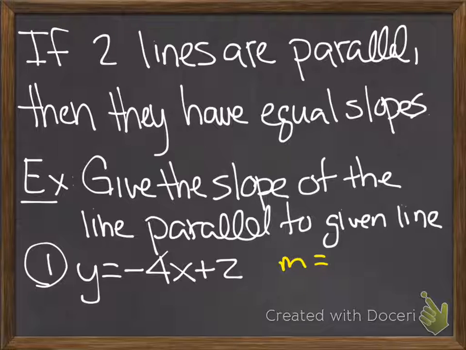So y equals negative 4x plus 2. What's the slope of the line parallel to this one? Harley, what's the slope of this line? You remember slope-intercept form? What's in the m position? You got it.